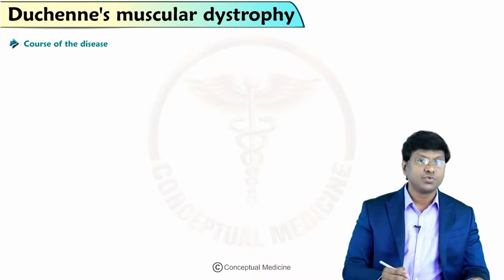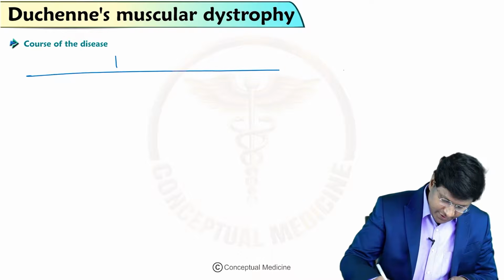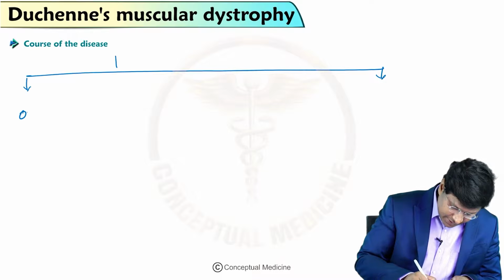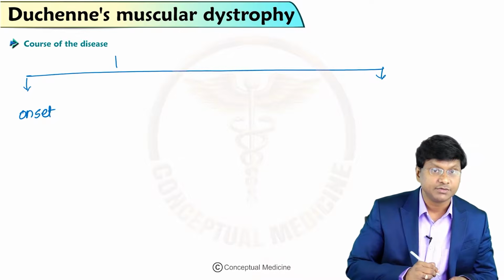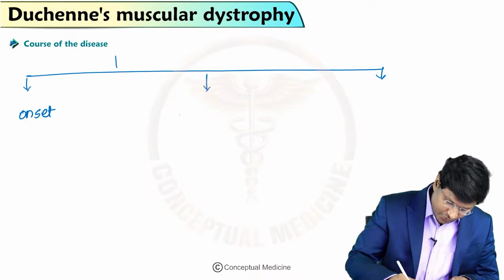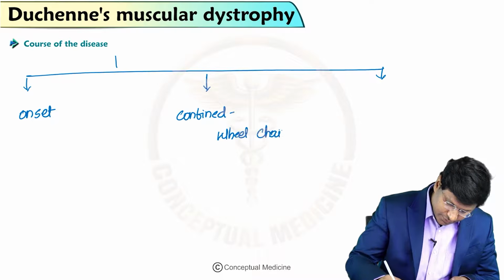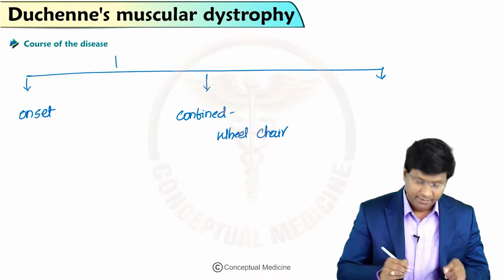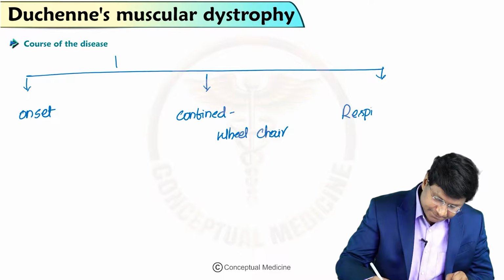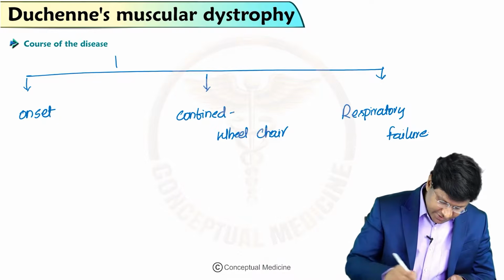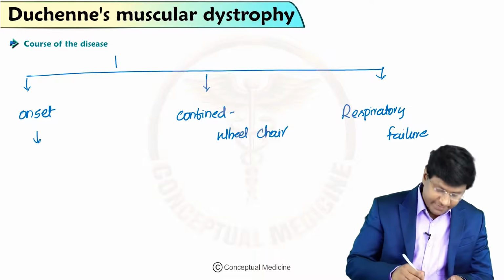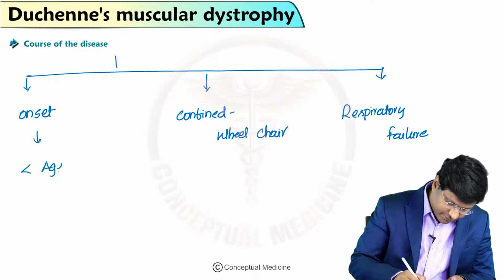And if you take the course of the disease: when is the onset of the disease, when is the individual confined to a wheelchair, and when does the individual develop respiratory failure? The onset of the disease will be before the age of 5 years.